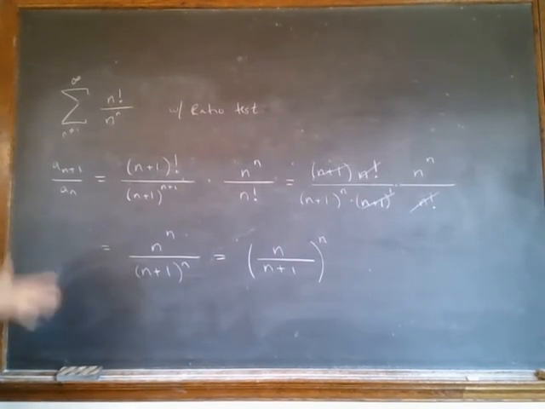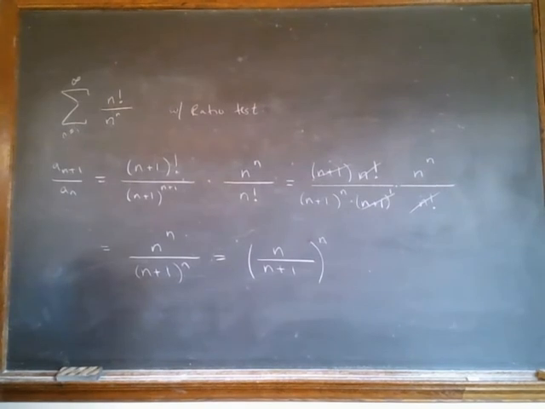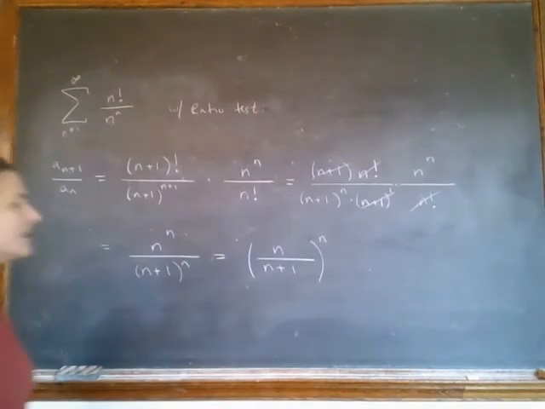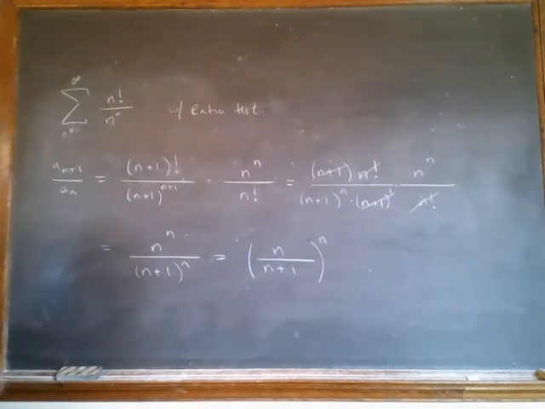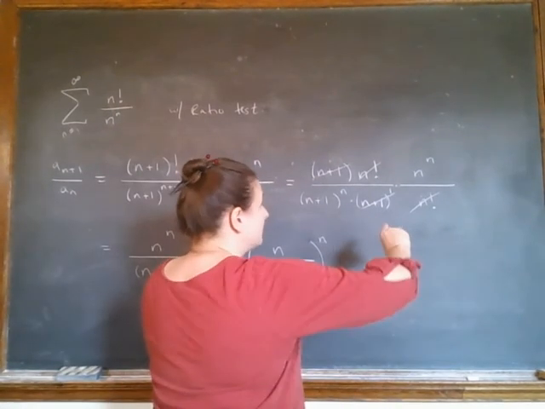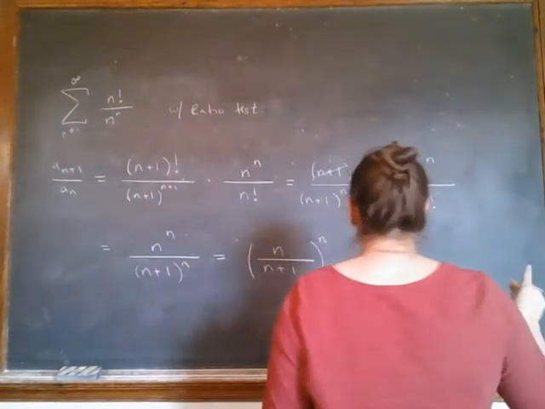All right, so I need to take the limit of this. This is not an easy limit to take, because there's an n up there. This is actually related to the following limit. Remember, there's a couple of limits we need to know.